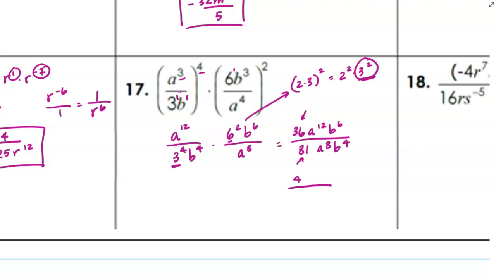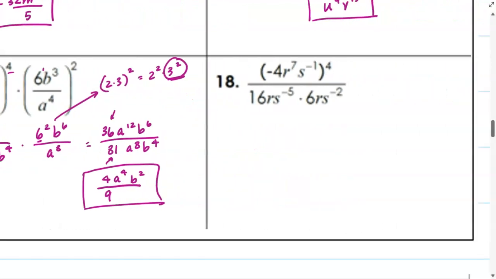So 36 and 81 are both going to be divisible by 9. And then 9, a to the 2 and 2, 4, and b to the second. Good job, guys. There we go.